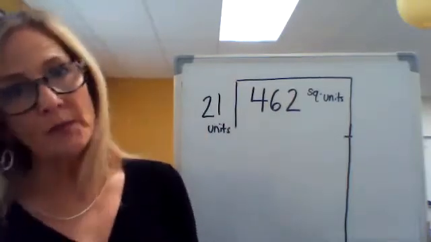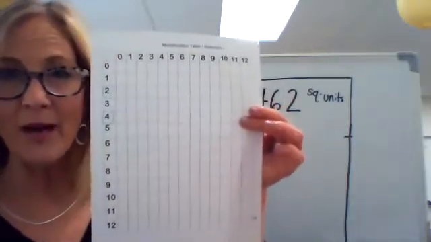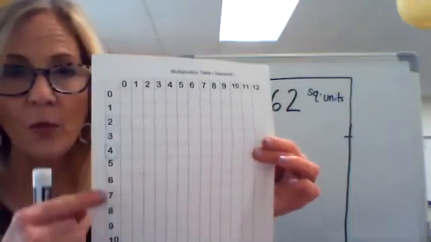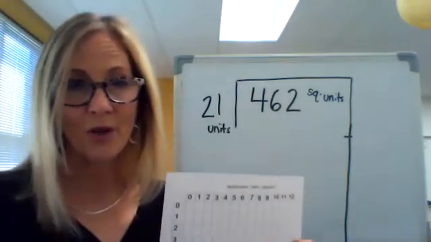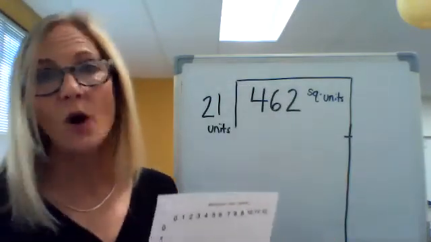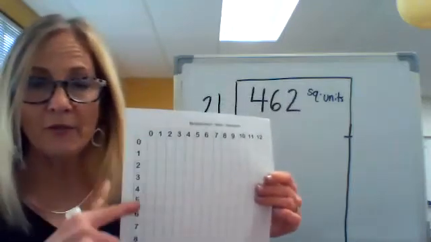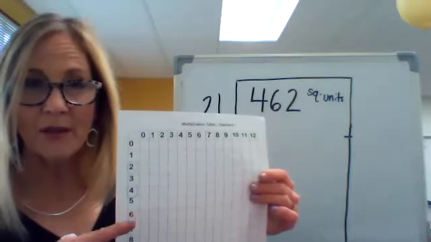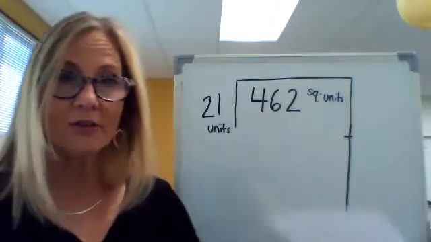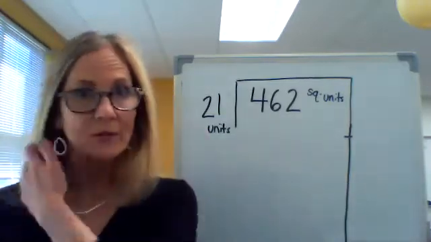Now, when I say groups and in each group, this should come to your mind because we've always said one of the factors tells you how many groups you have, and the other factor tells you how many are in each group. When you're dividing, you're always given one of those pieces of information. You're either told how many are in a group or how many groups, and you'll have to find out the answer that the other factor gives you.